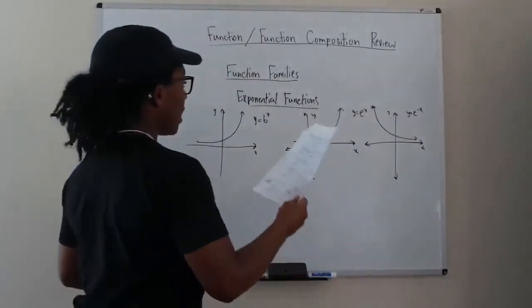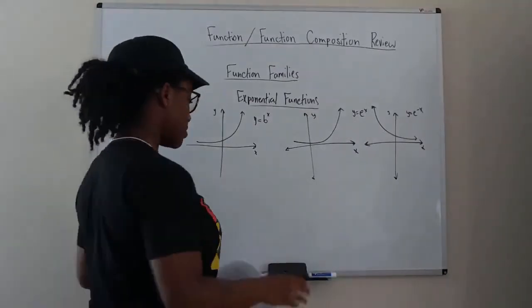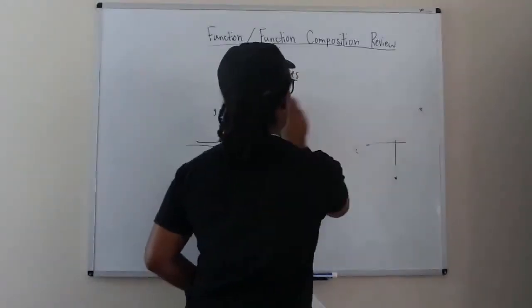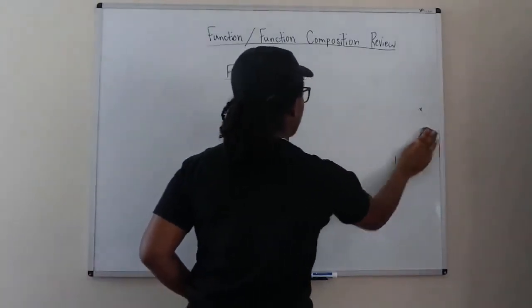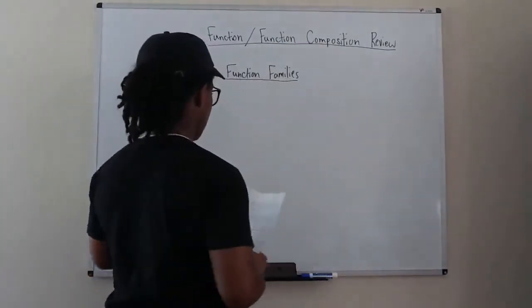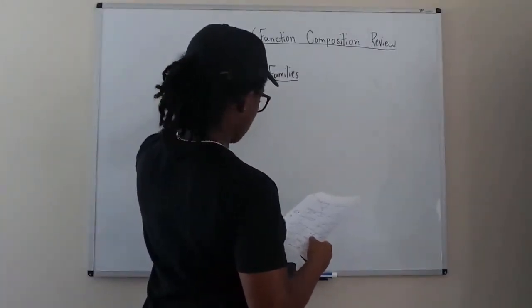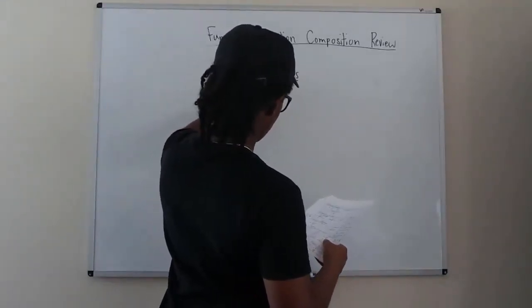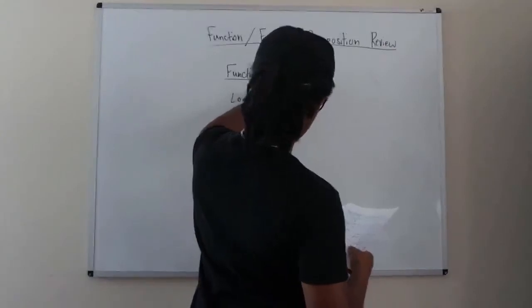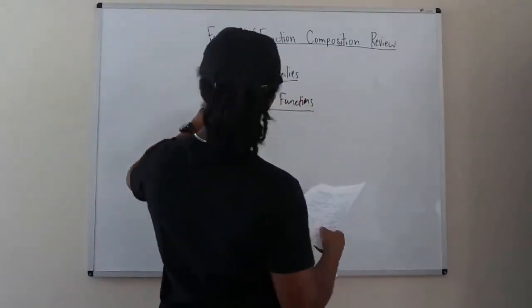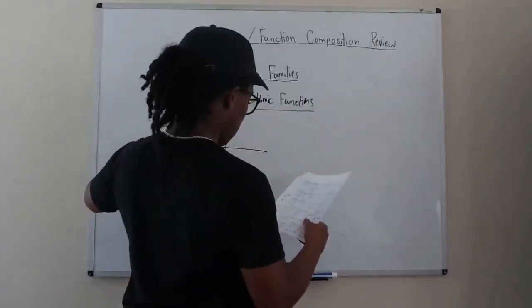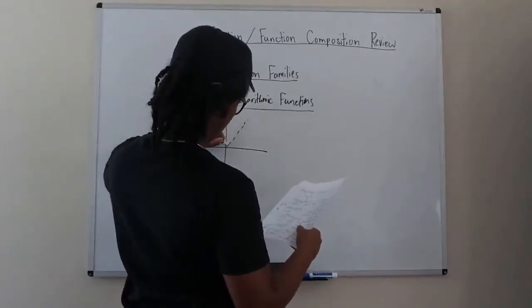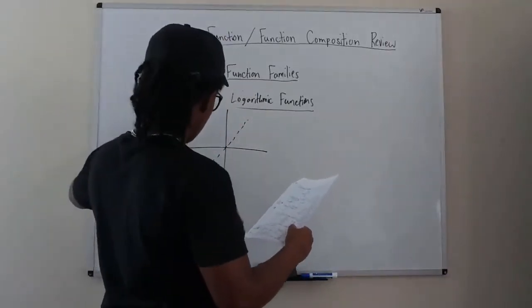And so exponential functions also have an inverse. They're invertible. Logarithmic functions are the inverse of exponential functions, which is kind of neat. Okie dokie. So there's going to be an invisible line there.